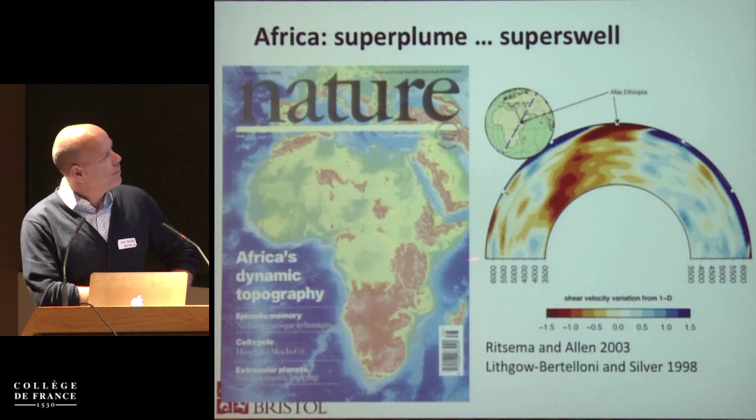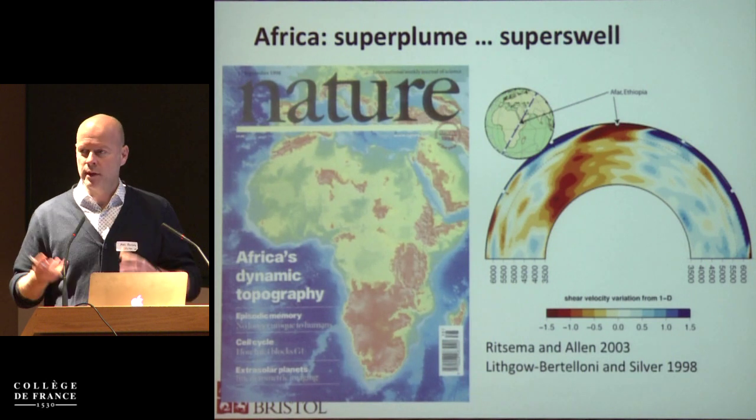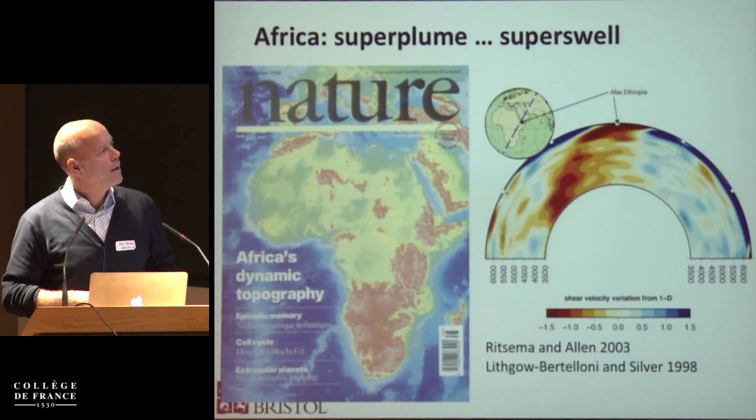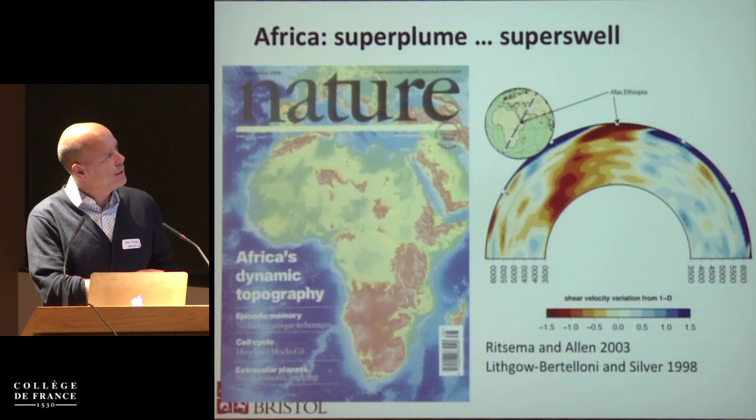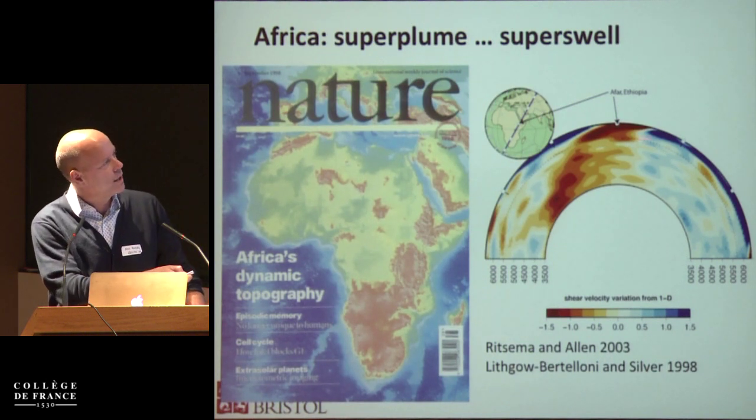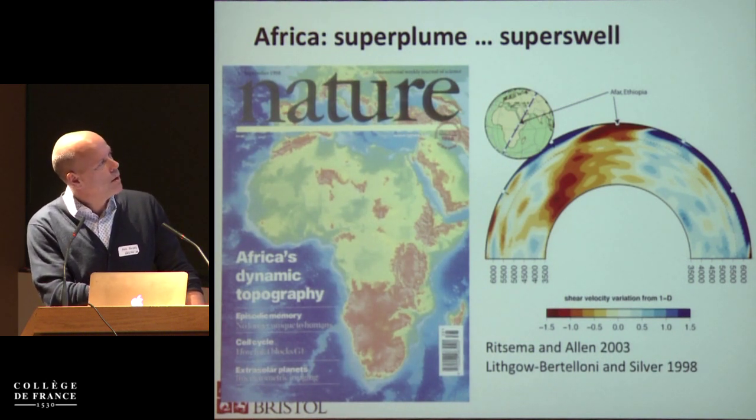And what's really remarkable about it is its dynamic topography. It's perched anomalously high. And this has really been attributed to the presence of a large low-velocity anomaly, or a superplume. This is a tomographic image of the shear velocity structure below Africa, running from off southern Africa all the way across Afar and across Arabia.